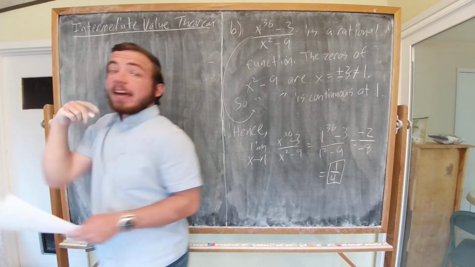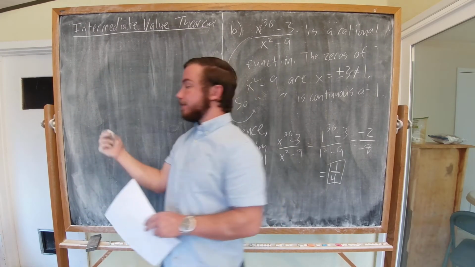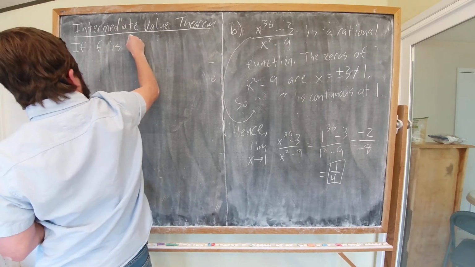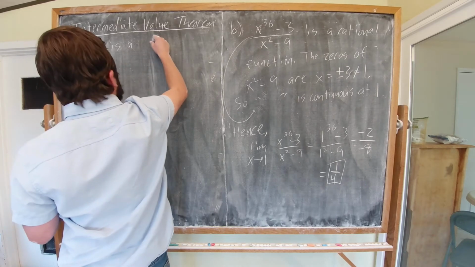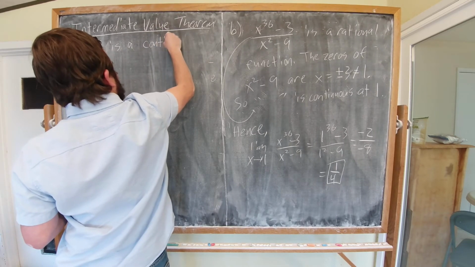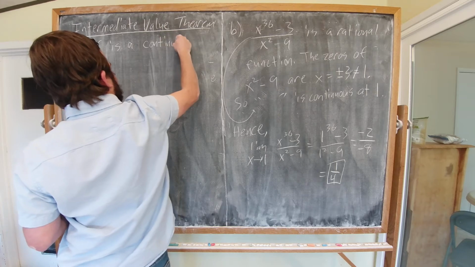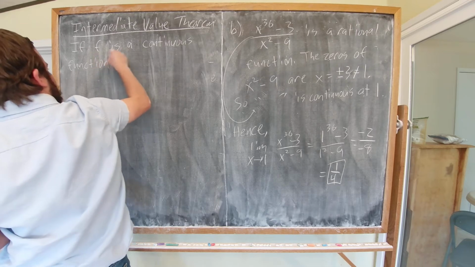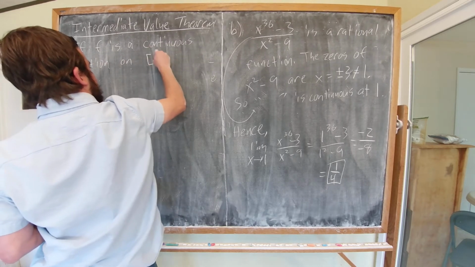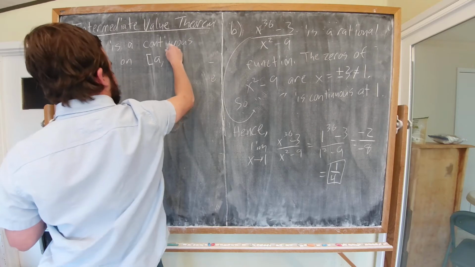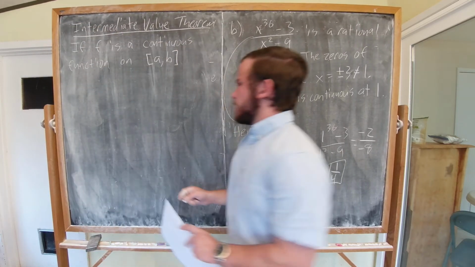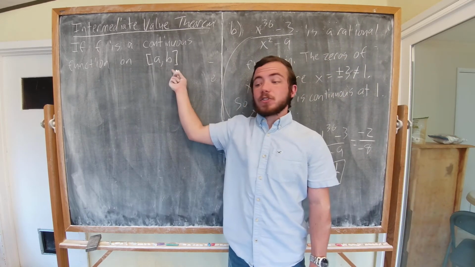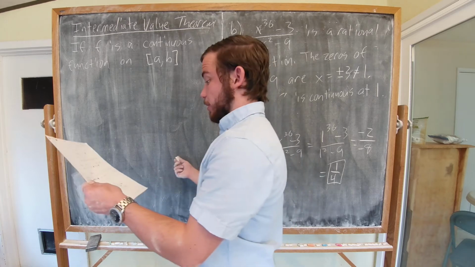States that if we have some continuous function f, and it's continuous on the closed interval a to b. So it could be discontinuous outside of there. What we're caring about is on this interval, and it's continuous on that interval, so everywhere inside of it.